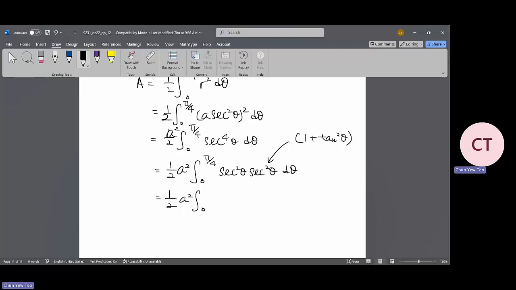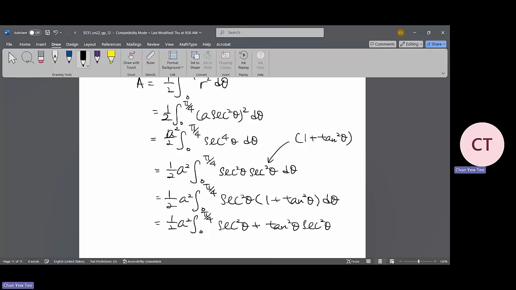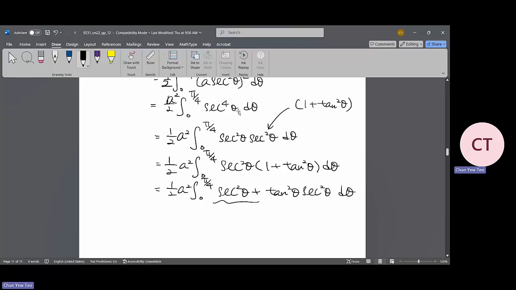So this one is a, 0 to pi over 4, of sec squared theta times (1 plus tan squared theta), like this. Then you expand them: sec squared theta plus tan squared theta sec squared theta, d theta. So this one we can integrate directly.